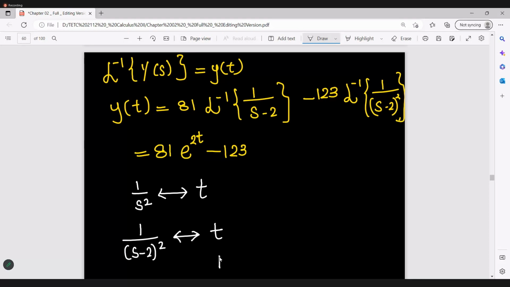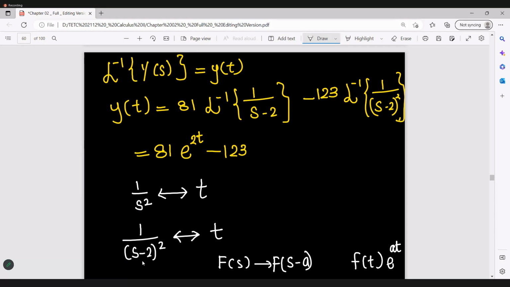If in some f of s, s has been replaced by s minus a, then the original function f of t is multiplied by e to the power at. Here f of s is 1 over s squared, but s has been replaced by s minus 2.